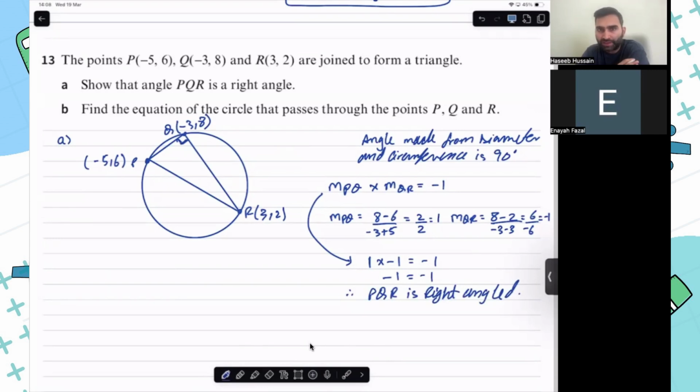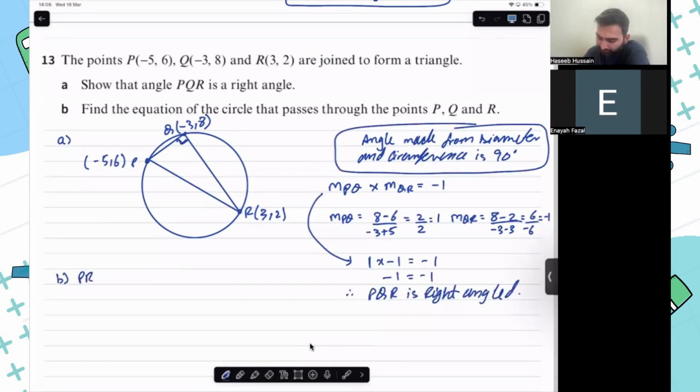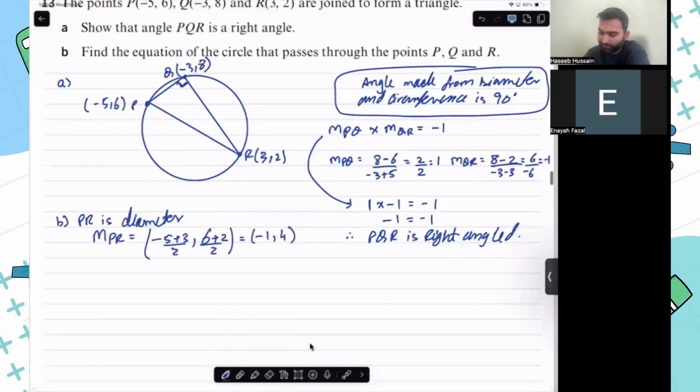Yeah. So let's find the equation of the circle that passes through the points P, Q and R. Now for the equation of the circle, we know from the property that PR is the diameter. The midpoint of PR is (-5 + 3) divided by 2 and (6 + 2) divided by 2, which is (-1, 4), right?